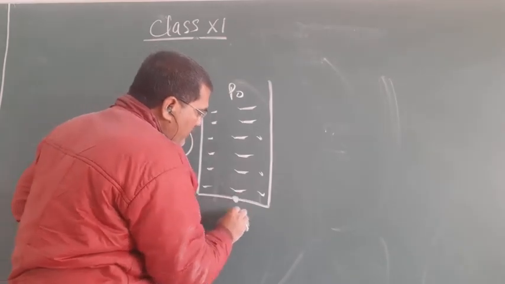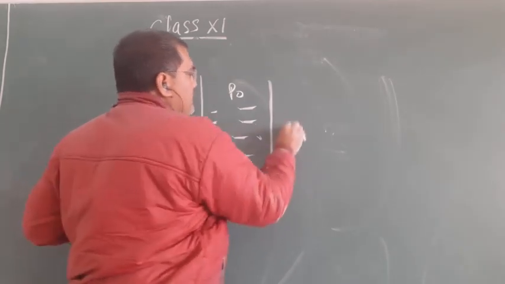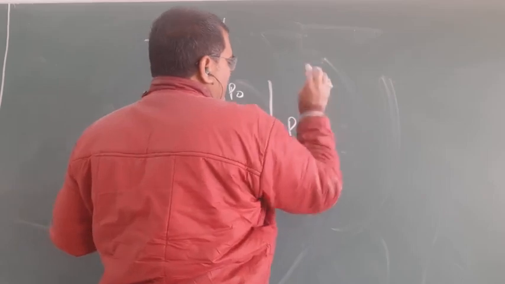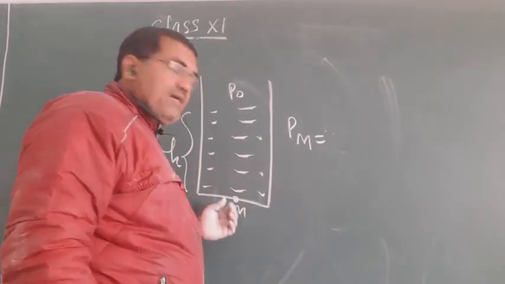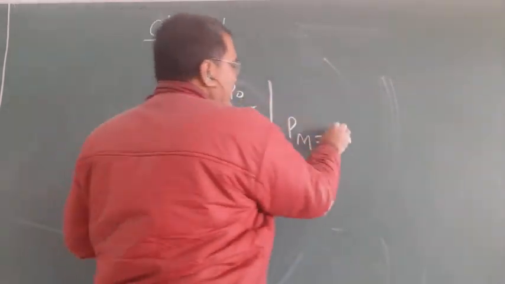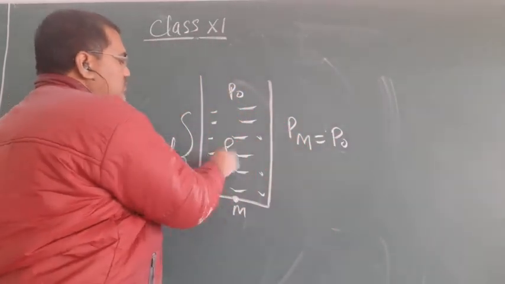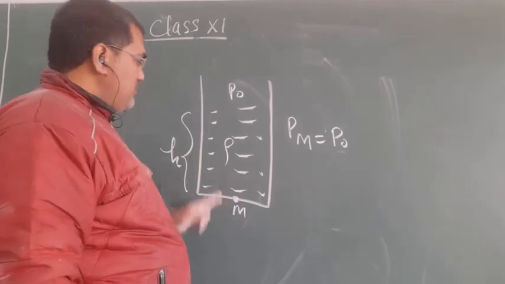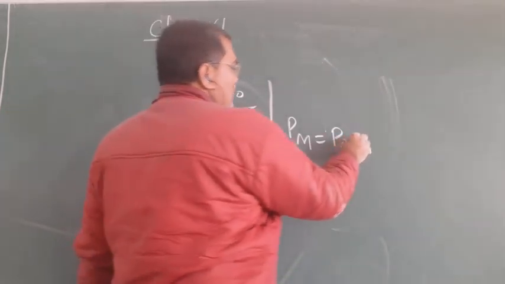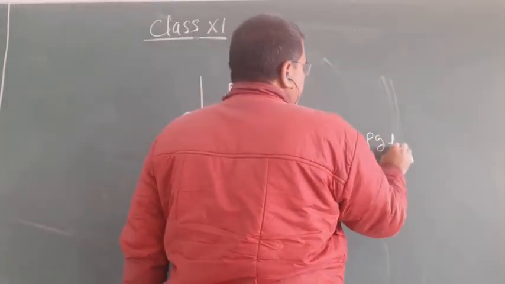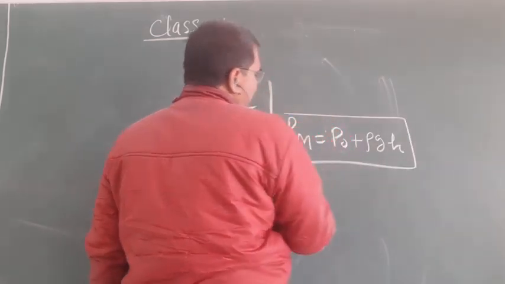So suppose this point is M, the pressure at point M will be due to atmospheric pressure plus pressure due to the liquid column. If the density of the liquid is rho, then pressure due to the liquid column will be rho gh. We have already seen this.